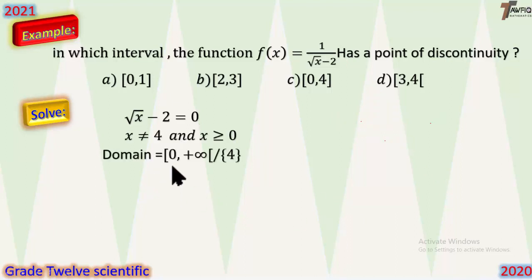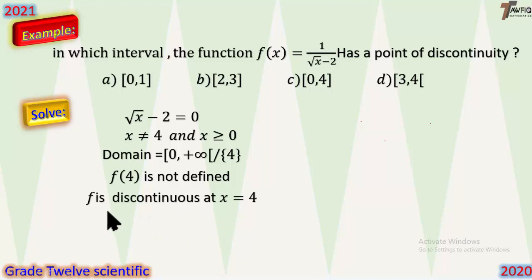Domain is from 0 to positive infinity except 4. That means f of 4 is not defined. Then f is discontinuous at x equal to 4.